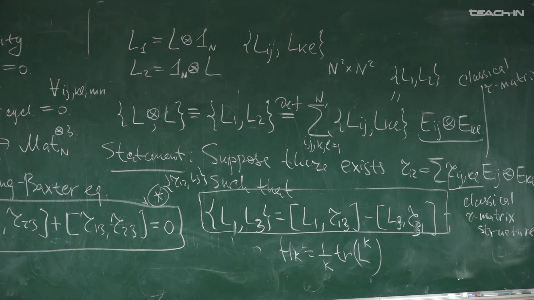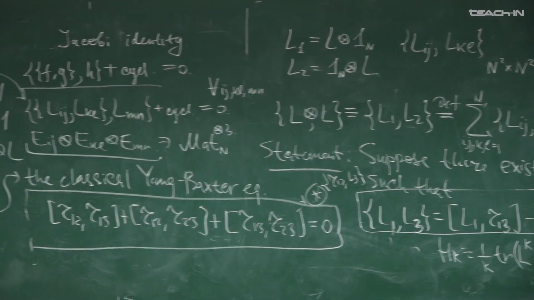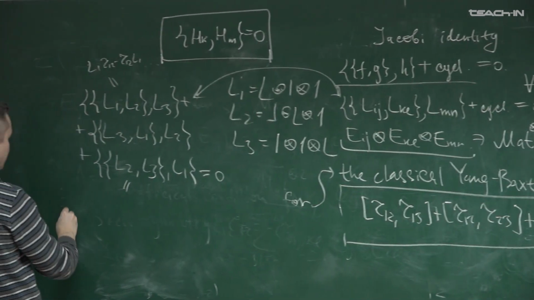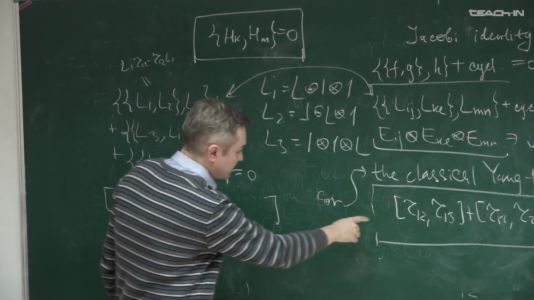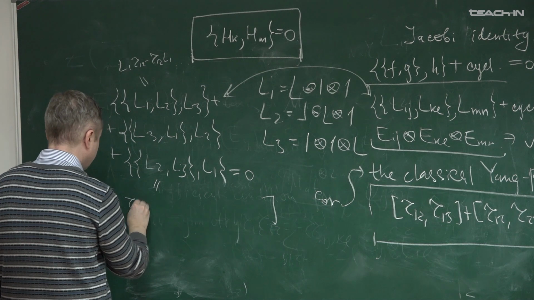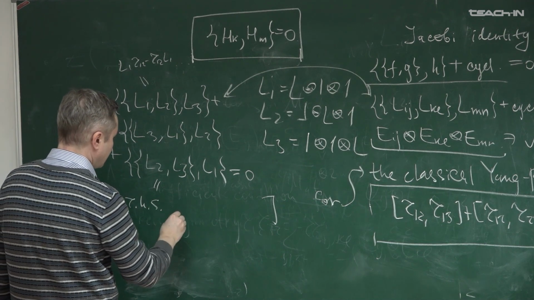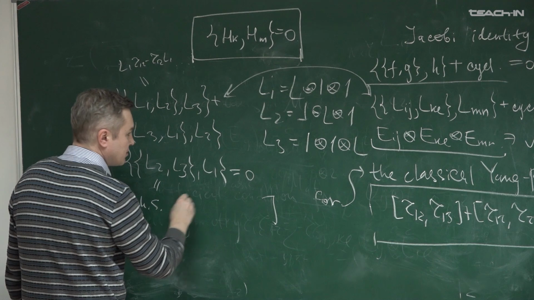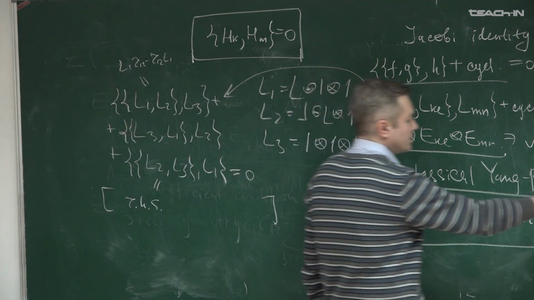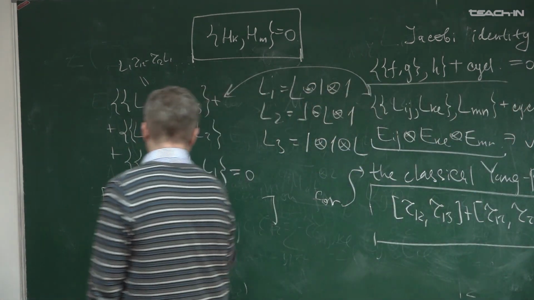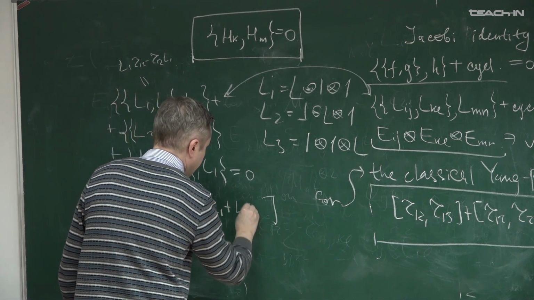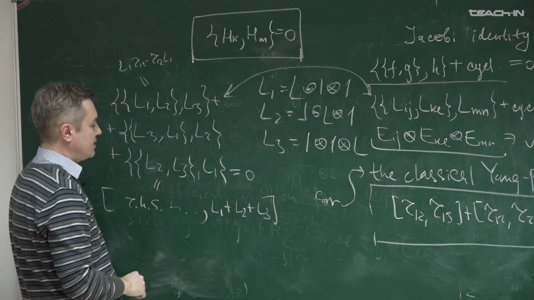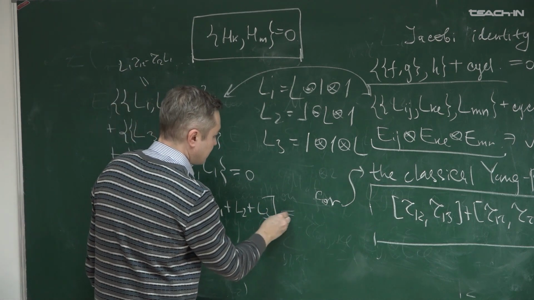In fact, if you write it explicitly, then you will have some commutator of some expression, the right-hand side of this equation, maybe plus these dynamical terms of this type, maybe plus something, commutator with L1 plus L2 plus L3. And this should be equal to 0.